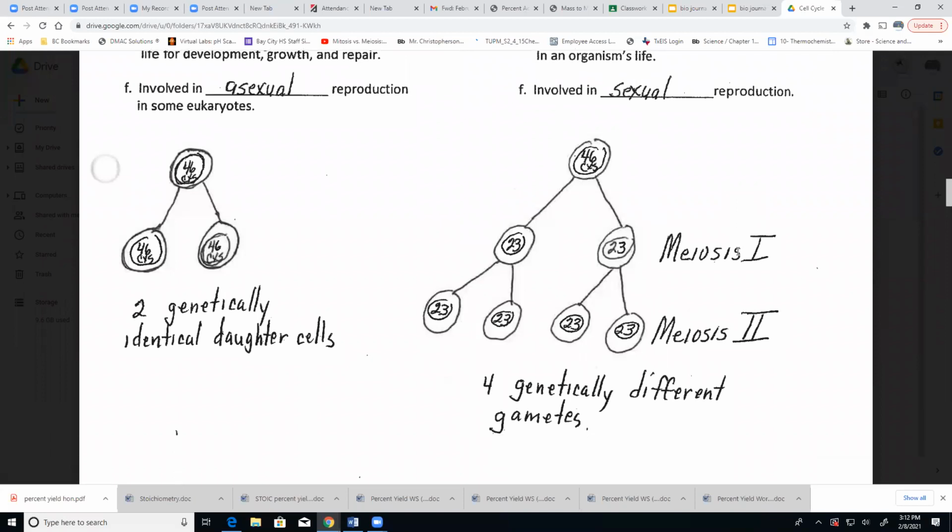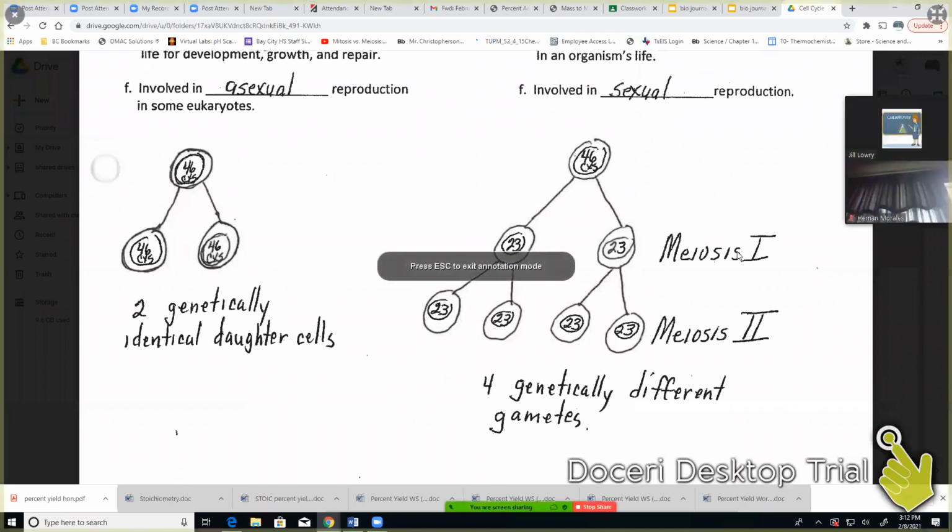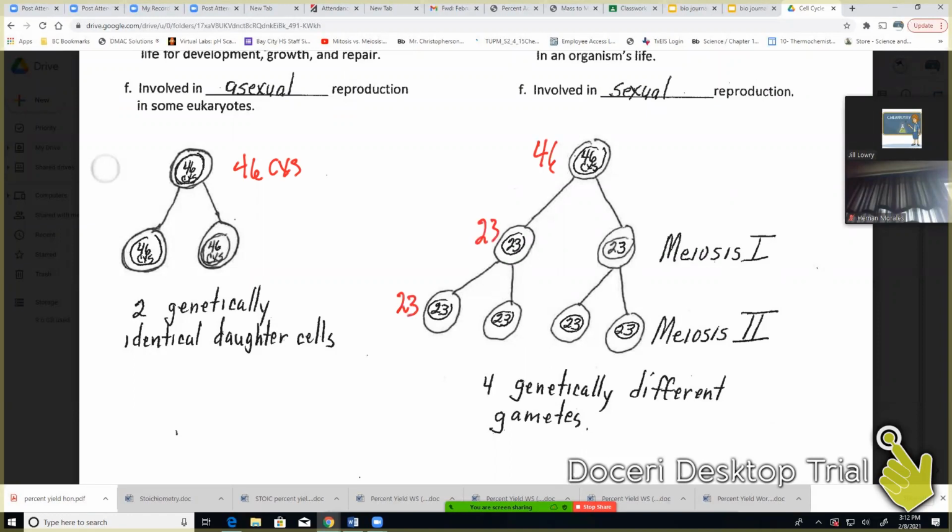It's 46, except for meiosis. When you get down to the last 4, then it's 23 because that's been halved. It says 46 in here, and all of these, it says 46 chrs to stand for chromosomes. And here it says 46, but then it goes to 23, and these are also 23.